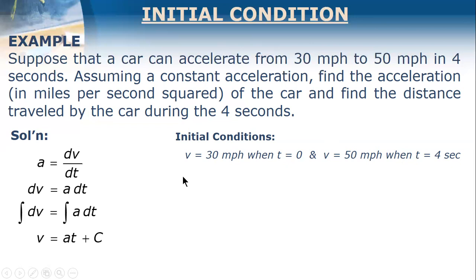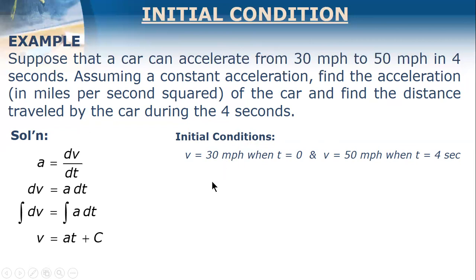But before we solve for the required quantities, acceleration and the distance, let us first fit the given units. What is asked is for acceleration, it must be in miles per second squared. And since the given unit is miles per hour, we're going to convert hours to seconds. Miles remains as is.